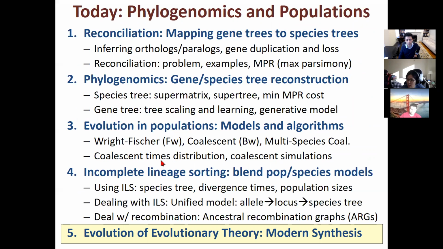And then models of population level evolution using the Wright-Fisher model that moves forward in time, the coalescent model that moves backward in time, and this multi-species coalescent that starts combining the two. And then this unified model of alleles evolving inside loci, evolving inside species, this mapping backward in time, and this mapping forward in time with duplications and losses.